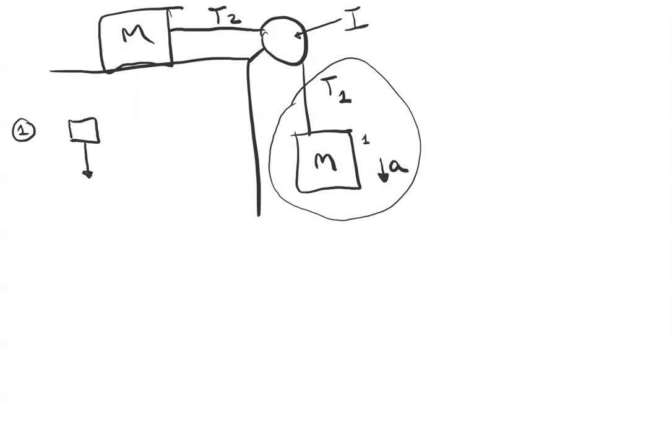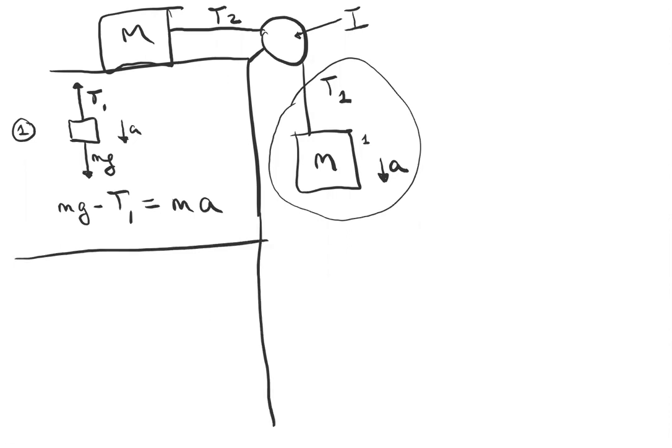One force is mg, and the second force is T1. These are the only two forces. This object is moving downwards with some acceleration. So Newton's second law for this box reads mg minus T1 is equal to m times a, mass times acceleration.